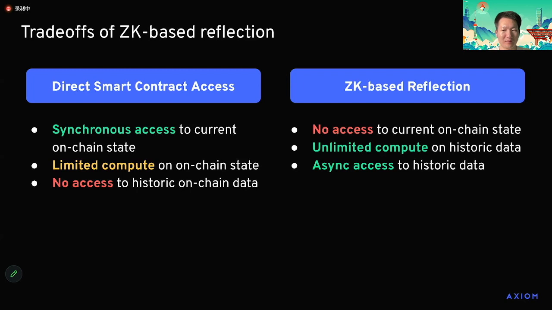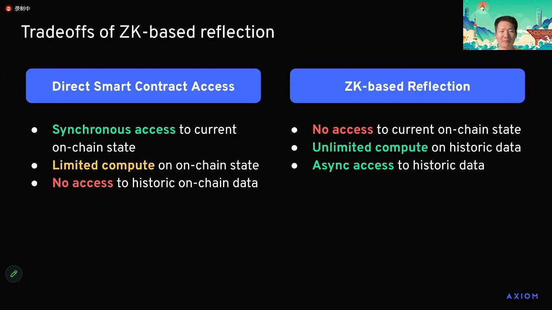Unfortunately, it has many limitations. Your computational power is really limited by gas costs, and you can't access any of the history. On the other hand, if you want to reflect into Ethereum using the power of ZK, because you have to generate a zero-knowledge proof that your witness values, which prove your access was correct, actually validate, there's no way to do this in a synchronous fashion.